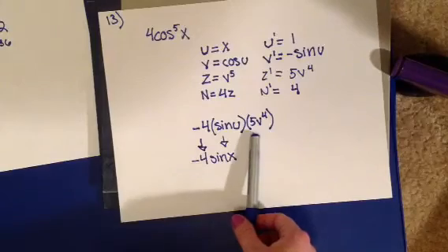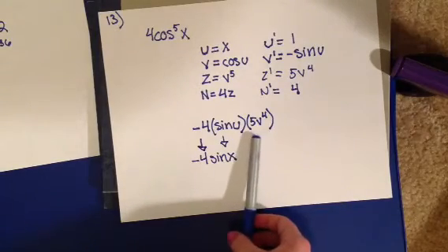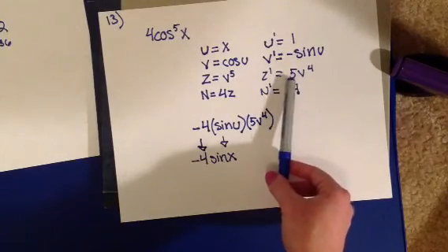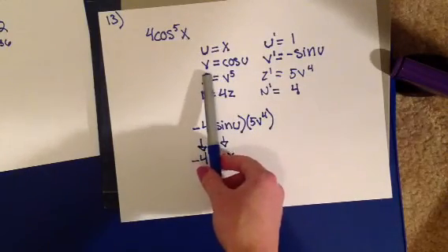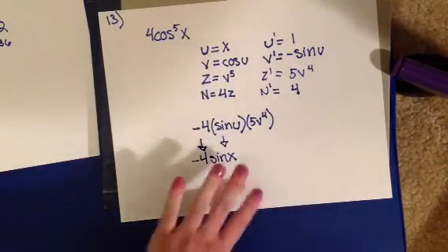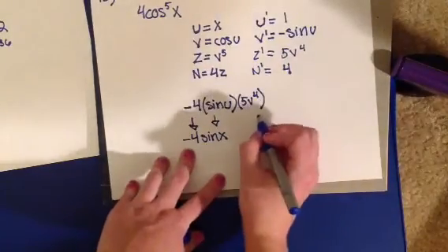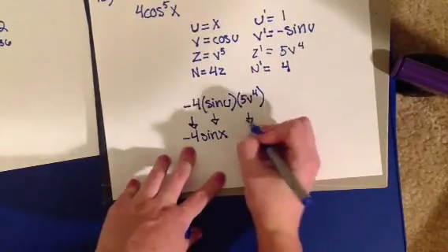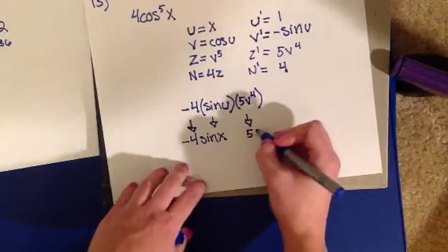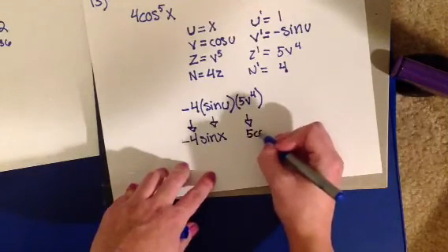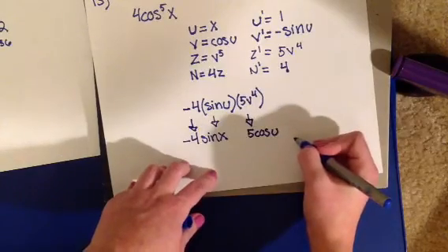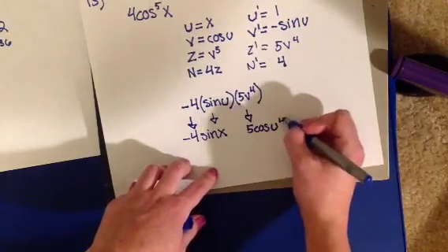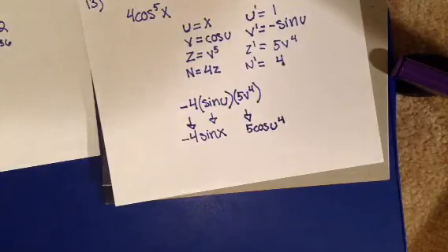Gotta try to retrace our steps a lot. Let's start here. 5v to the fourth. What is v? Cosine of u. Well, we'll start there. So we'll go down to 5 times the cosine of u to the fourth.